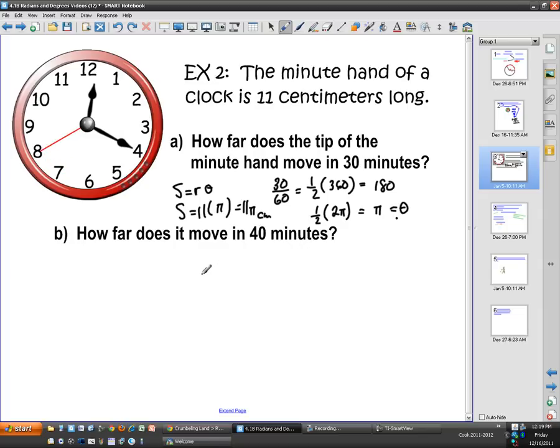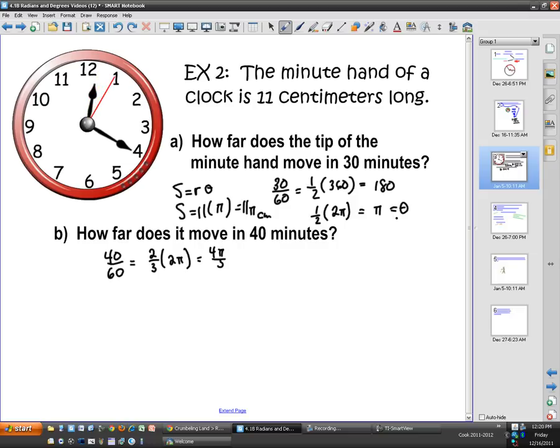Now if it's 40 minutes, I'm going to do the same thing. I'm going to say 40 minutes over 60, which is 2/3 of the clock. If I multiply that by 2 pi, that would tell me how many radians, because I'm using 2 pi as once around the clock, and I want 2/3 of once around the clock, which gives me 4 pi over 3.